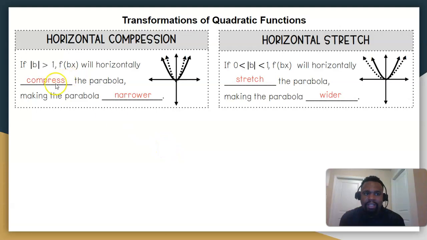So if it's greater than 1, it's still more narrow, the parabola, but horizontally it's a compression. Instead of vertically, where it would be a stretch, horizontally it's a compression. All right. Here, if it's less than 1, greater than 0, it's still wider, but horizontally it's a stretch instead of a compression here.